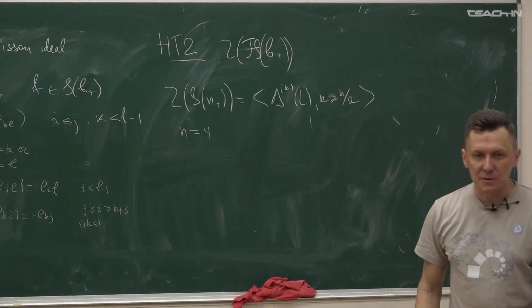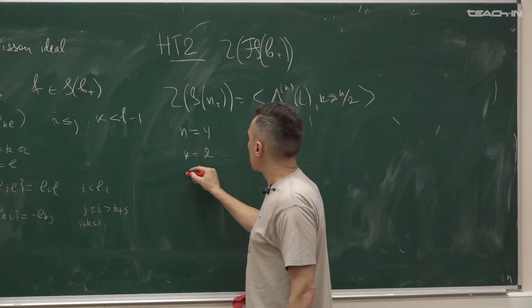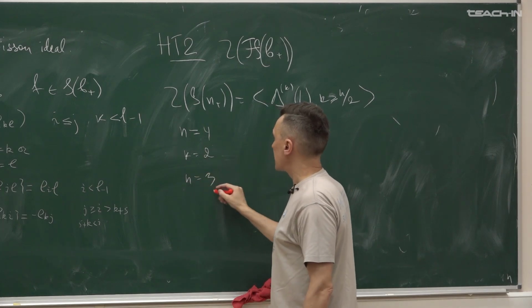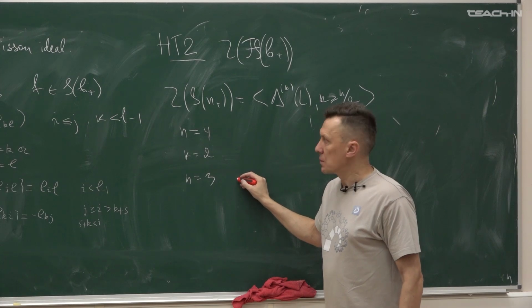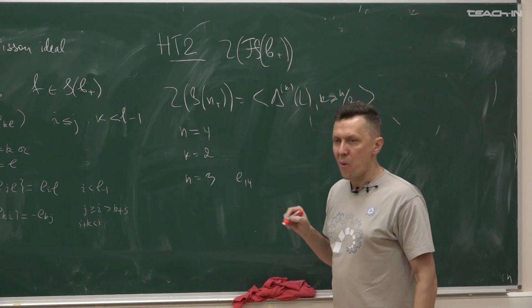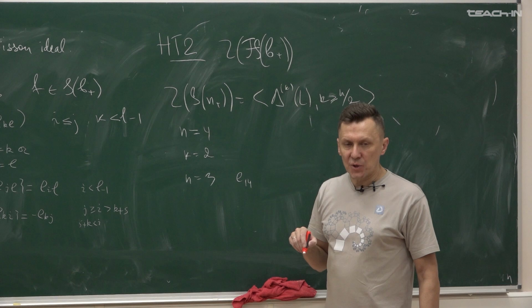And what are the elements? 1, 2, 3, 4, for k equal 2 and for k equal 3. For this one, it is E_{14}.